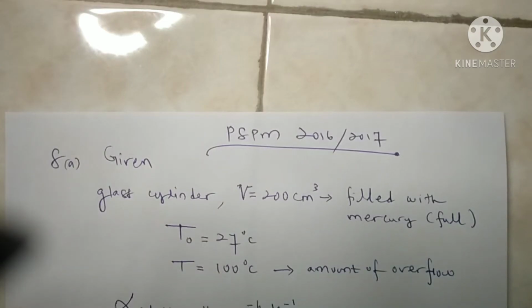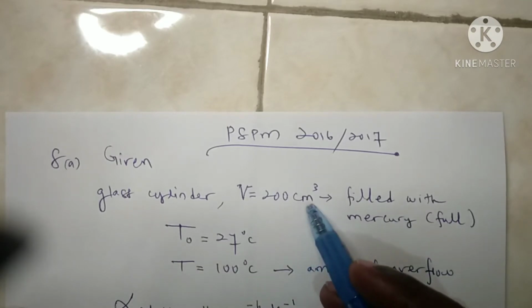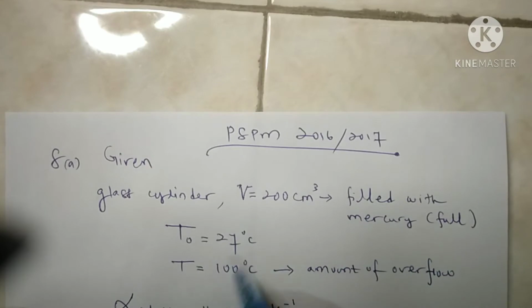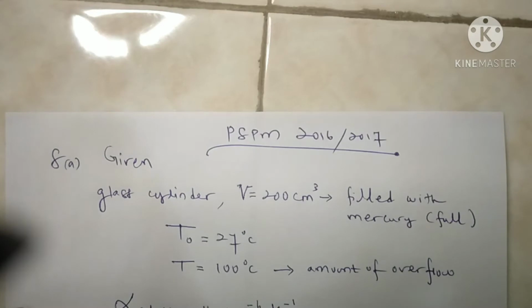According to the question, a 200 cm cube glass cylinder is filled to the brim with mercury at 27 degrees Celsius, and we calculate the amount of overflow when the temperature of the system increases to 100 degrees Celsius.